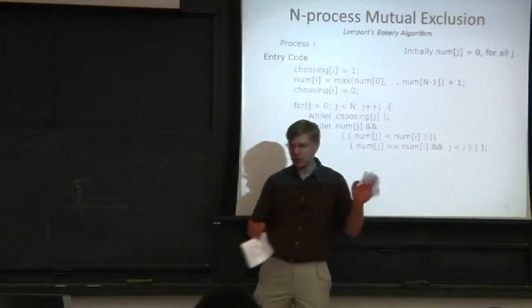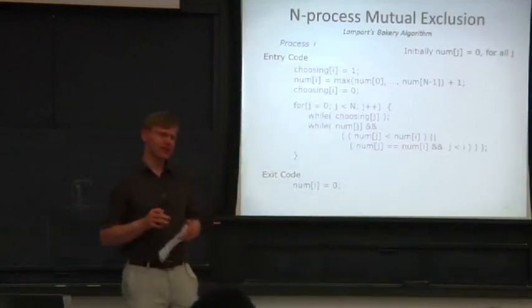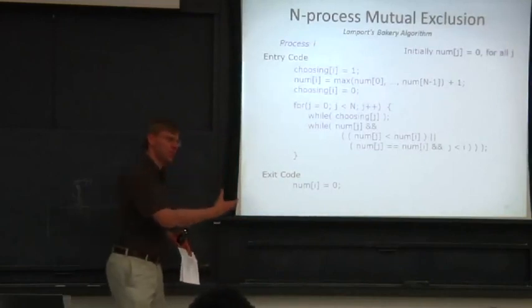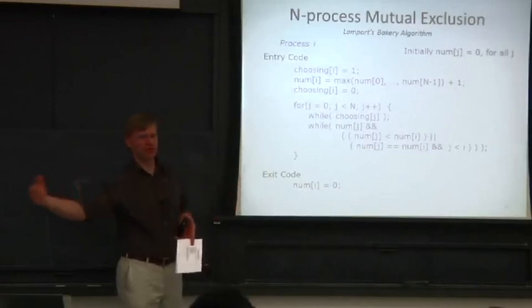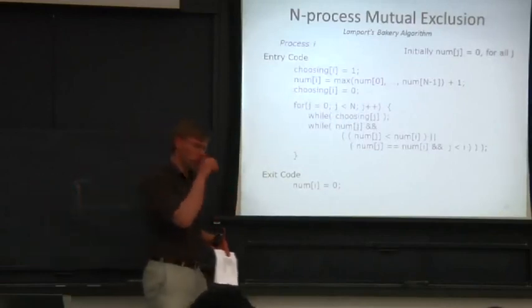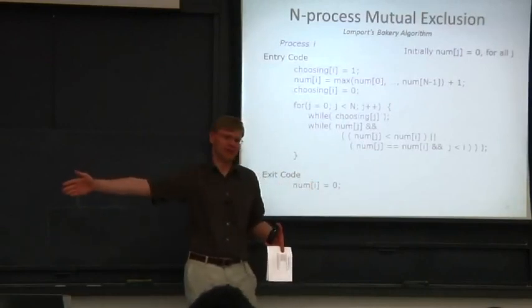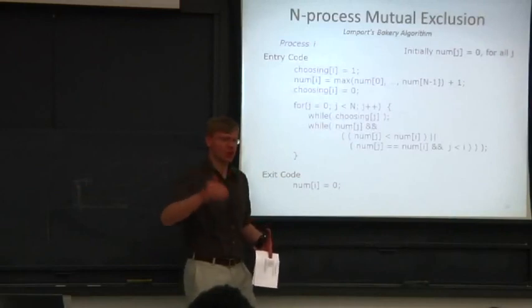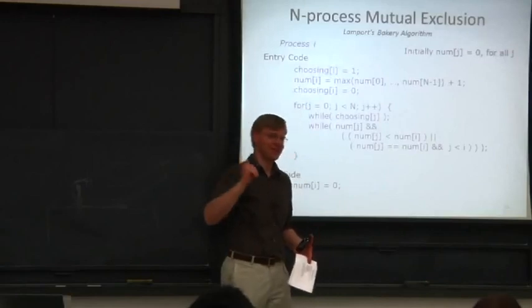And I don't want to go into complete detail here, but basically the idea here is you set that you want to take the lock. And then what you do is you check if all of the people below you are waiting on the lock also in order. So it's kind of like you're checking to see if the number has incremented up to you at this point.